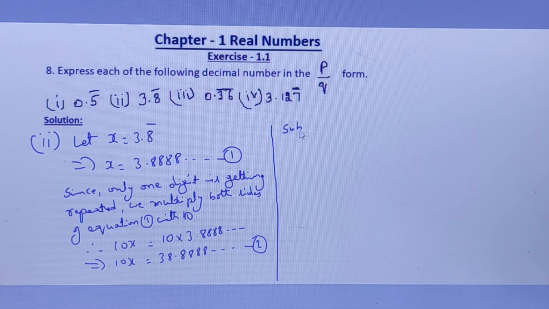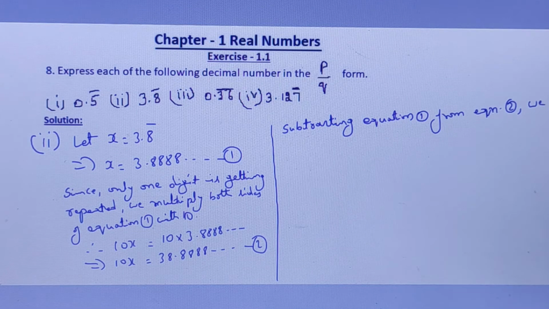Subtracting equation 1 from equation 2, we get 10x is equal to 38.888 and so on. This is equation 2. Equation 1 is x is equal to 3.888 and so on.